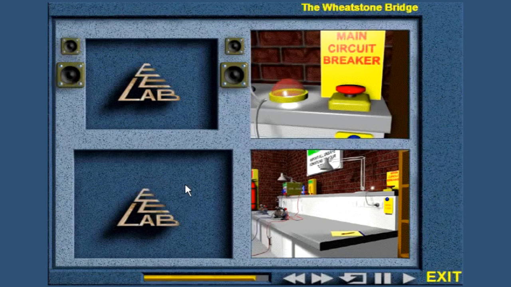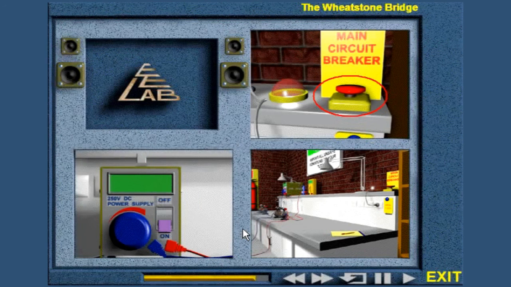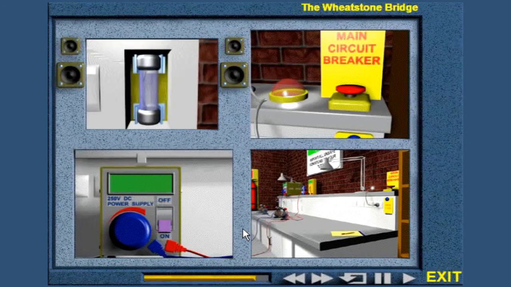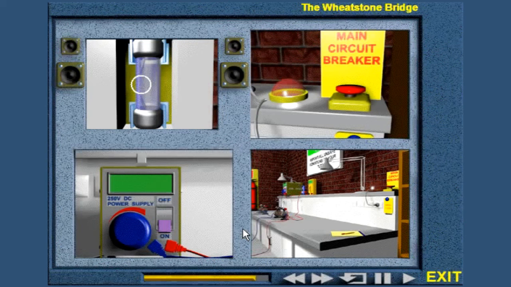Let's see what would happen if the main circuit breaker is on and there is no voltage indicated by the power supply display. This means that the main fuse must be burnt out. As you see, the main fuse cannot conduct any current because its wire is burnt out.